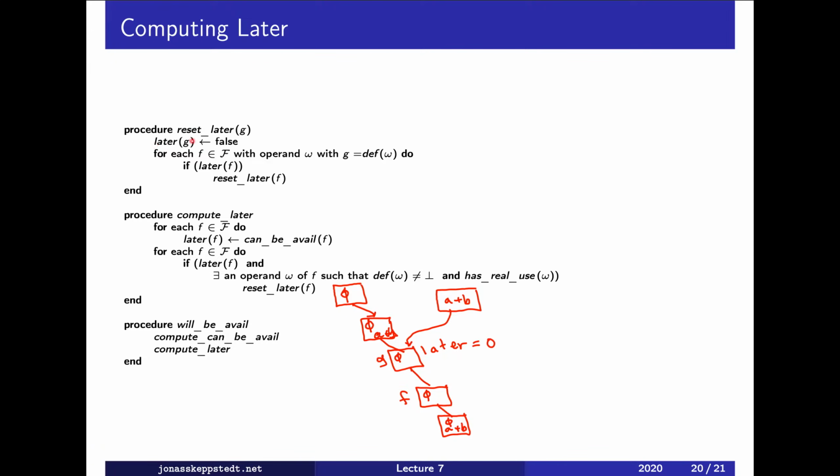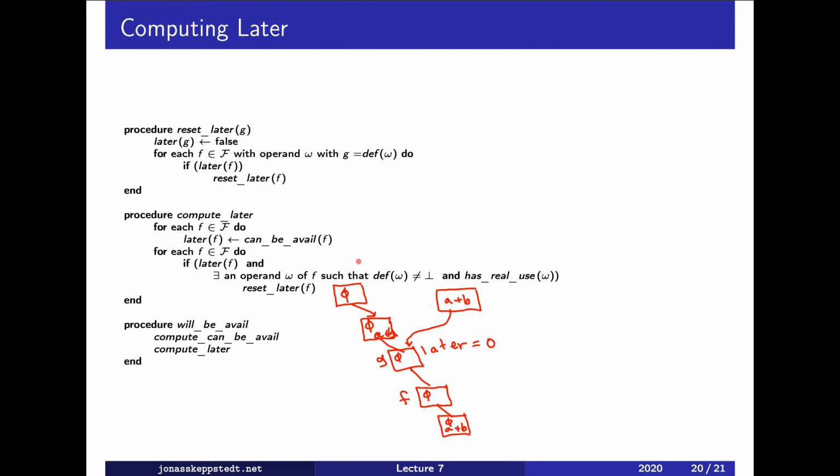So we set later to false for this one, since it has an operand with real use, and then we check each phi function with an operand defined by g, and if that phi function still thinks it can postpone inserting the expression, then we tell it that it has to insert the expression. That means reset later should be false for this one as well. So we reset later, and it will continue.